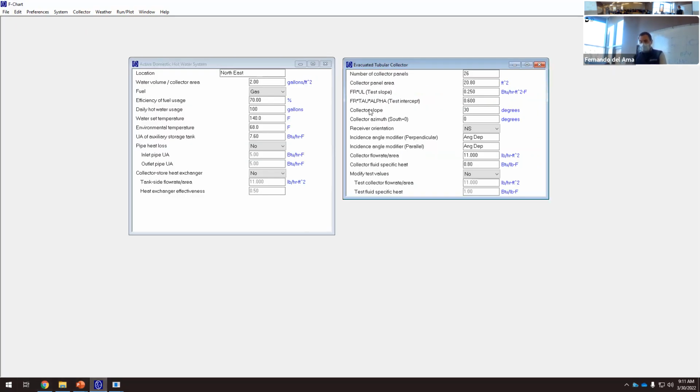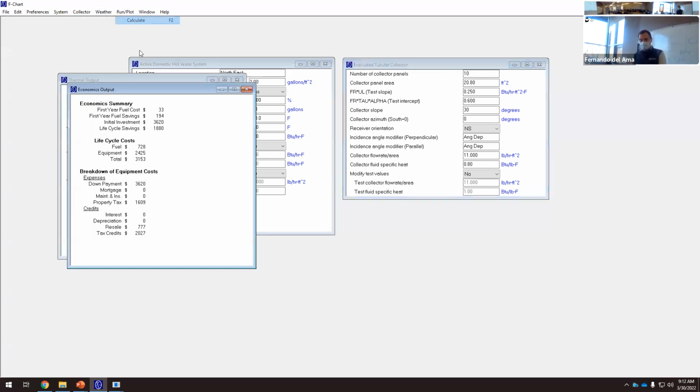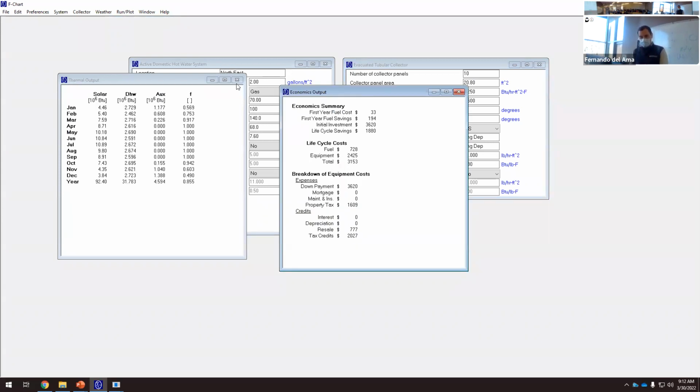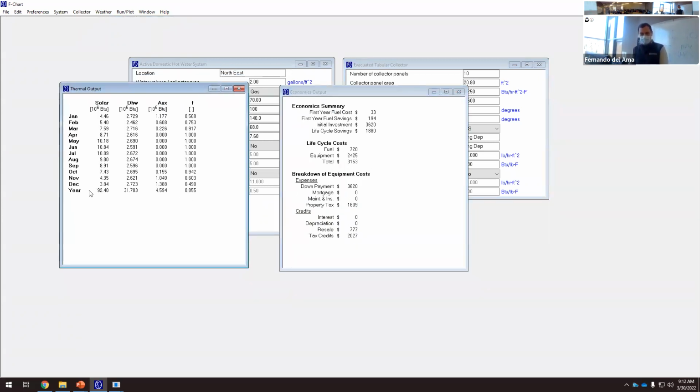I don't know how many collectors you have. 26 is going to be too much. Let's try 10. I think 10 is going to be too much too. But let's run, calculate. And here you see that the yearly value is 0.85, but here we have a lot of 1.